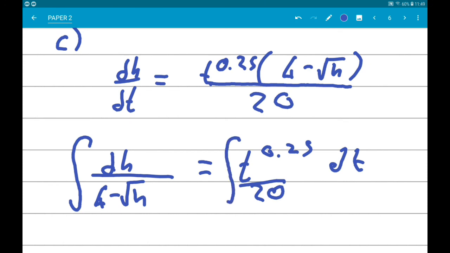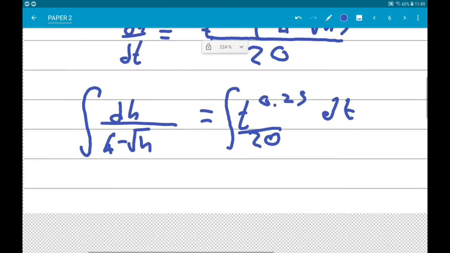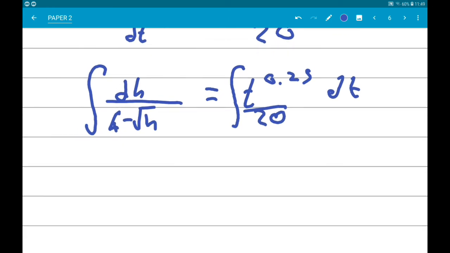So, on the left, we know we get minus 8 log mod 4 minus root h minus 2 root h add k.